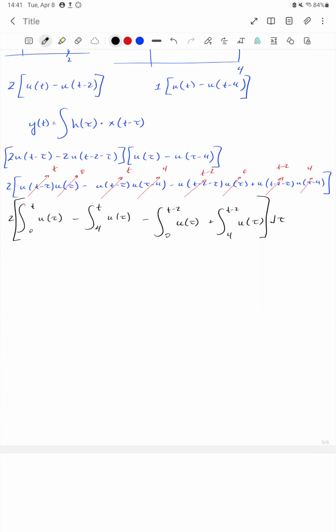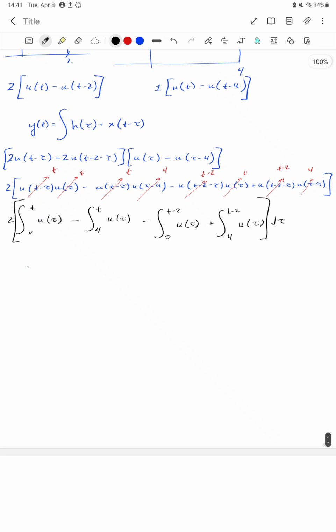So, okay. Now we're going to do the same thing that we did before. You've got 2 times everything. You've got t minus 0 here for the limits, u of t. Now here you've got a minus. Let's pull this over here so that we can keep these things in order. This is going to be t minus 2 minus 0, u of t minus 2.